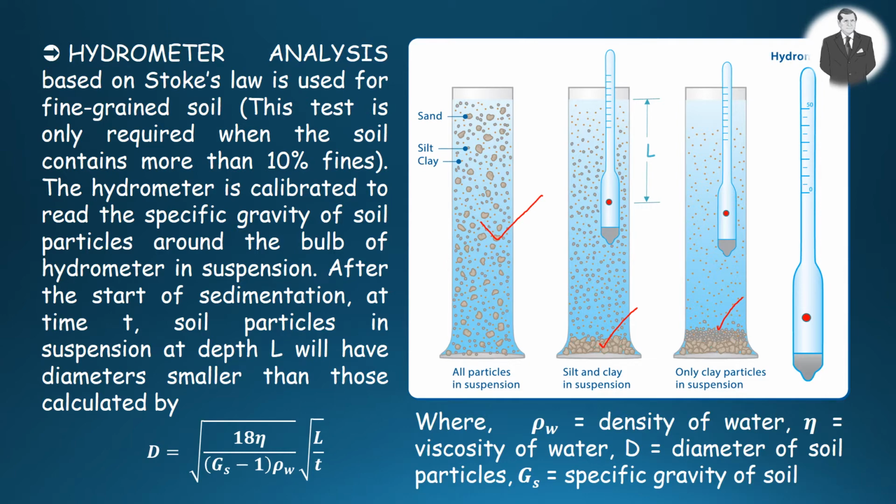The hydrometer, which is shown here, is calibrated to read the specific gravity of soil particles around the bulb in suspension.